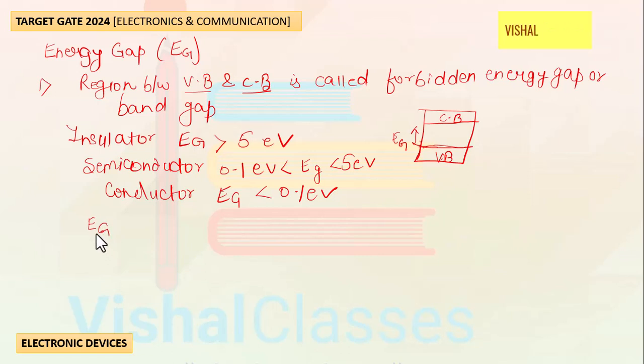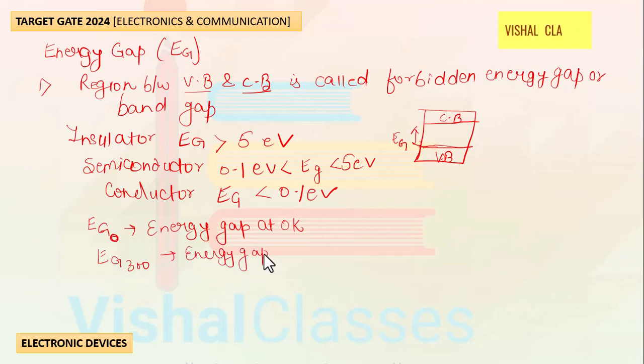Eg energy band gap, Eg node. One more point you will write: Eg node, energy gap at 0 Kelvin. Eg at room temperature, energy gap at 300 Kelvin.